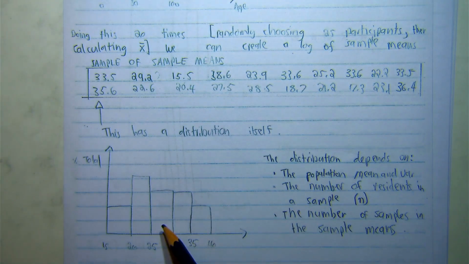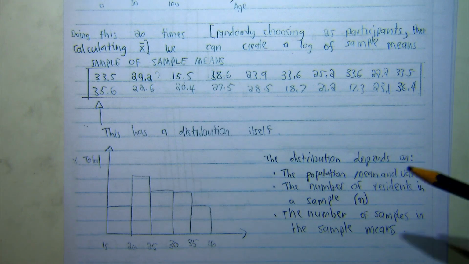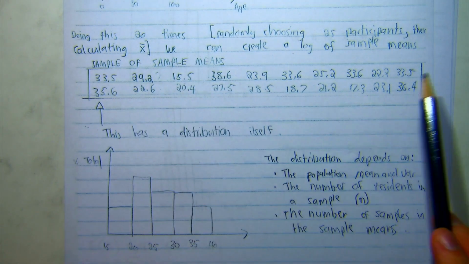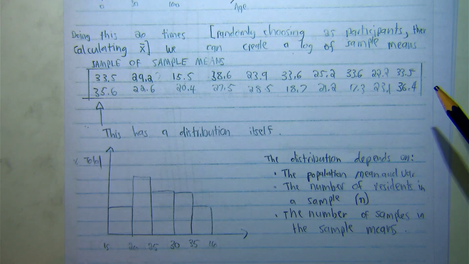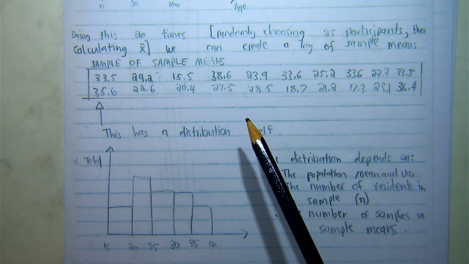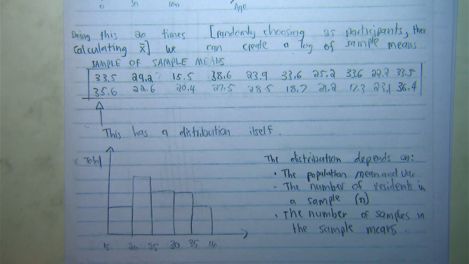So what does this depend on? Well, it depends on the mean and variance of the original distribution. It depends on how many times you take that sample of sample means. So in this case, we took it only 20 times, but if you took it 1,000 times, it'd look a bit different. And yeah, it especially depends on how many people are within every sample.